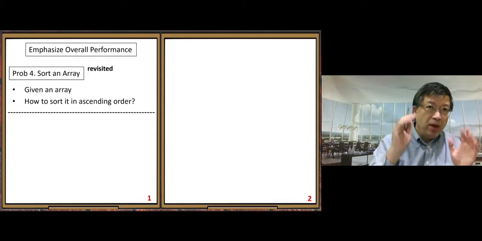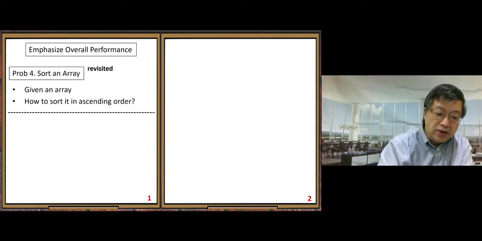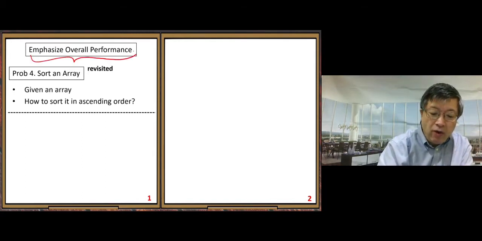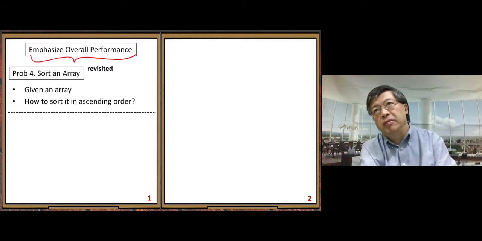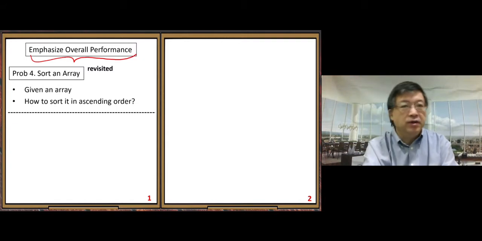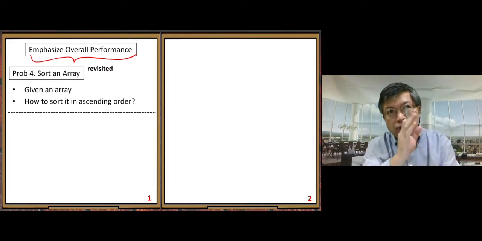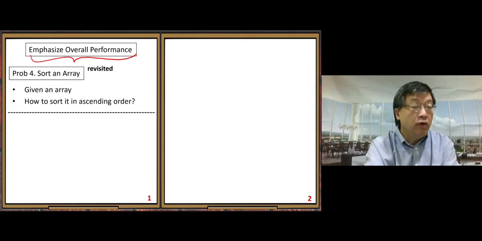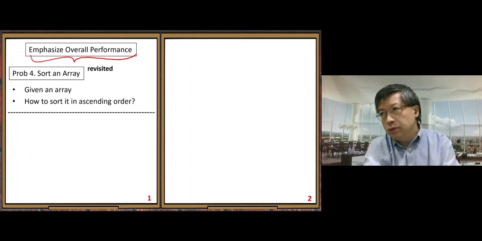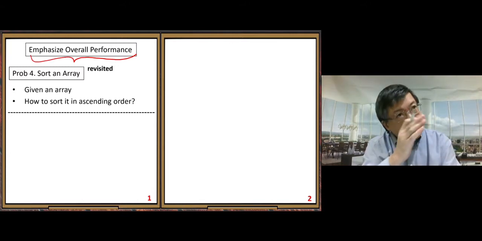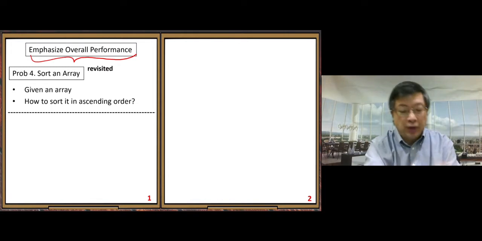Here, the main reason is that we emphasize overall performance. That is our main focus. We know for a sorting algorithm to be useful in real-world applications, the overall performance is the most important. So what do we mean by overall performance?